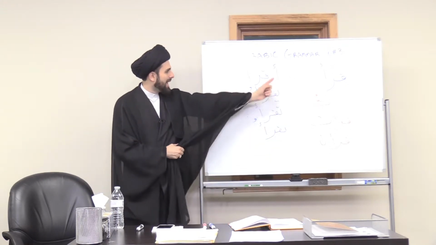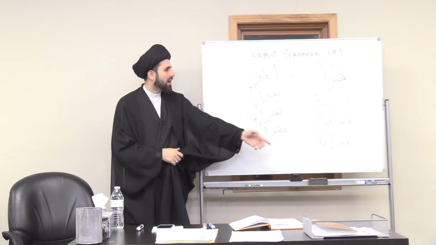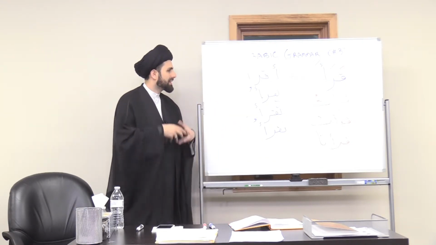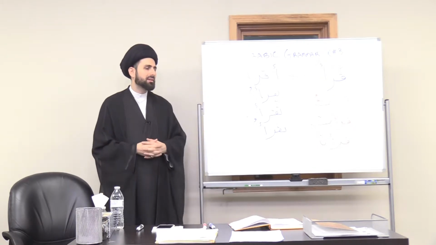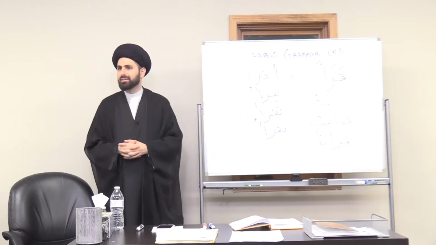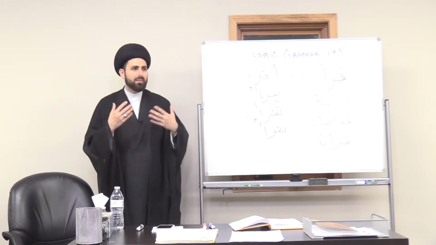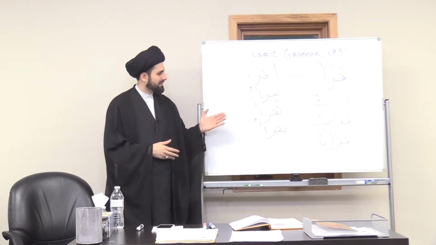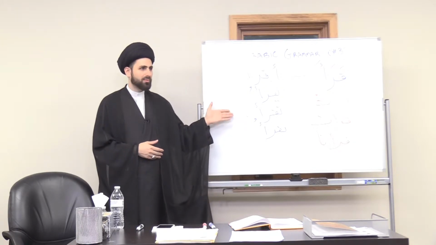These four letters, alif, ya, ta, noon, are called the letters of mudhara'a, the letters of a mudhari' verb. The letters for a present tense verb. So this is one example that we worked with here.